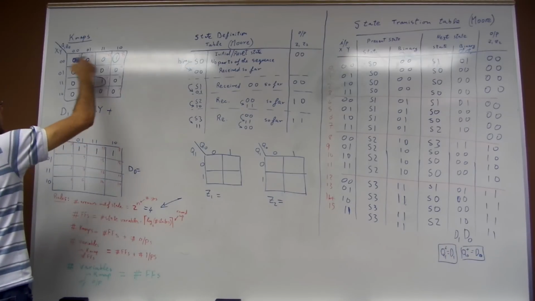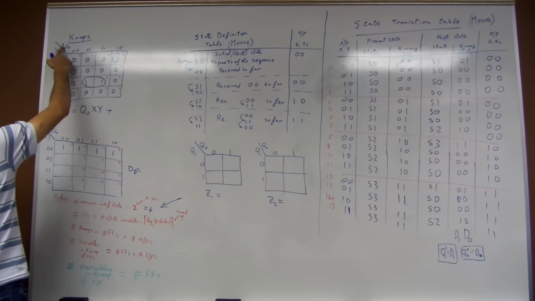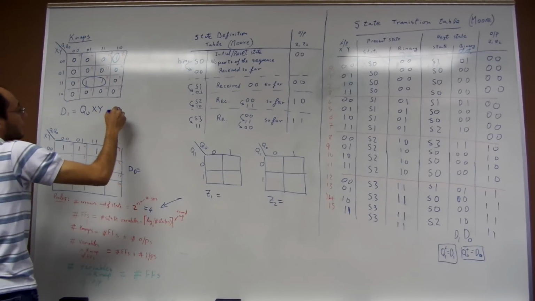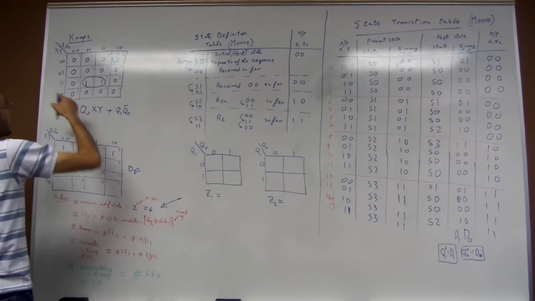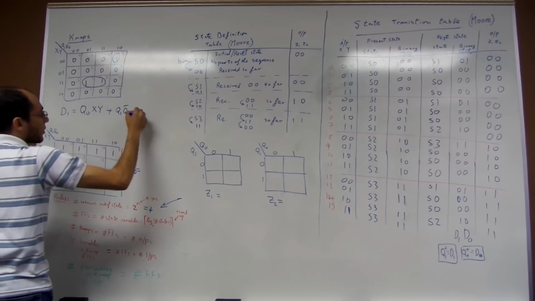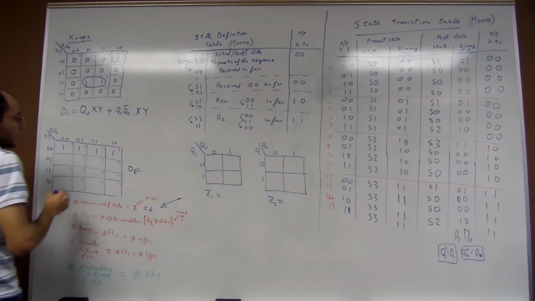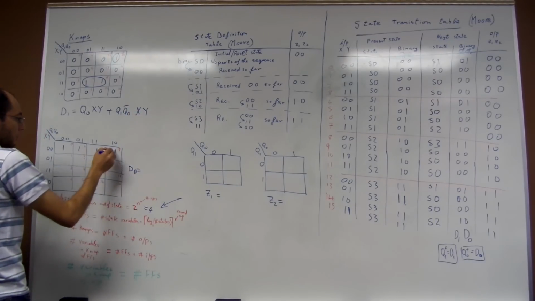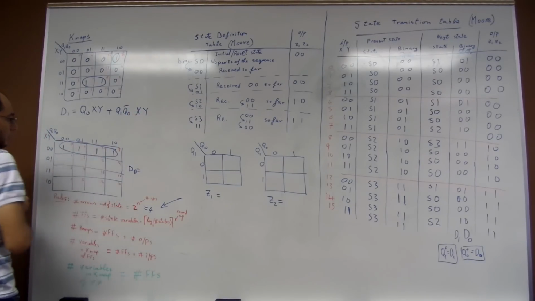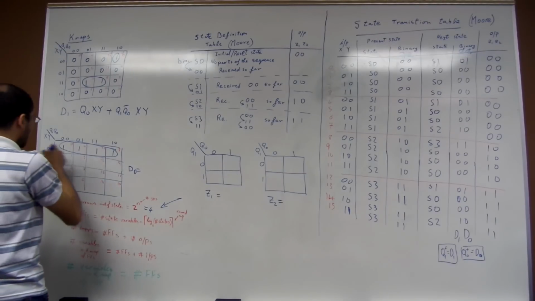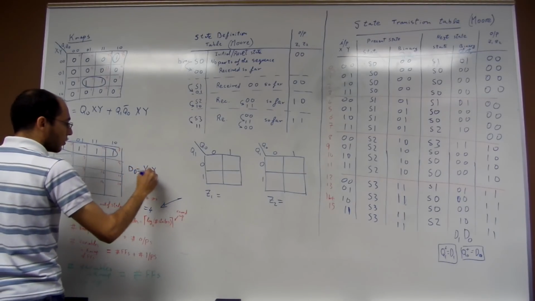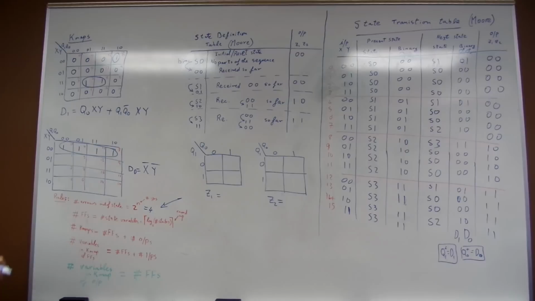Plus Q1, Q0 bar, and then X, Y, for the D0, alright, so we have X bar, Y bar, right?